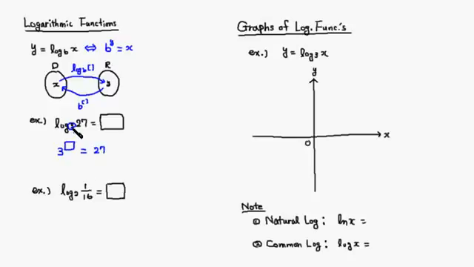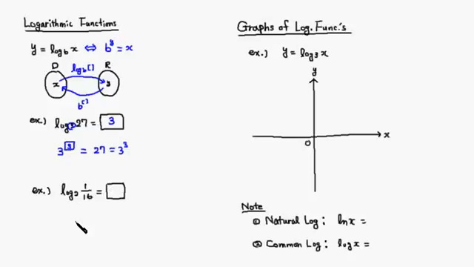Remember that 27 is 3 times 3 times 3, so it's 3 cubed. So you know that 3 goes in the box. Therefore, log to the base 3 of 27 is 3.